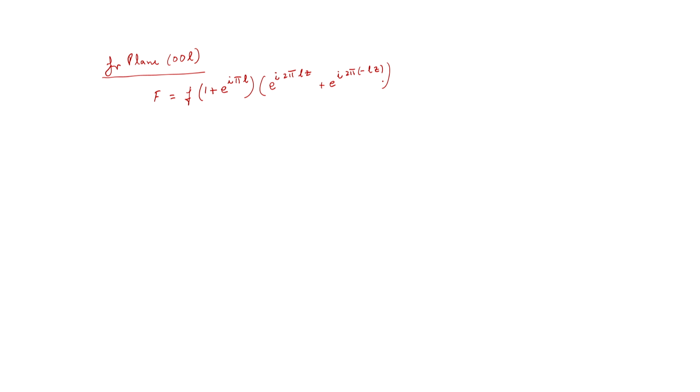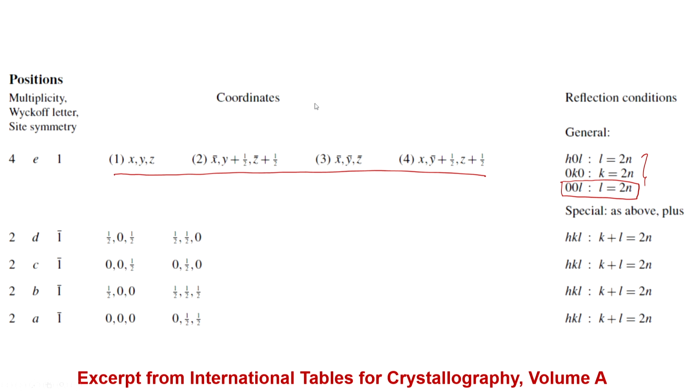This directly gives us that F is 0 if L is odd and not 0 if L is even. So, if I come back to this, basically the reflection condition is L should be an even number.